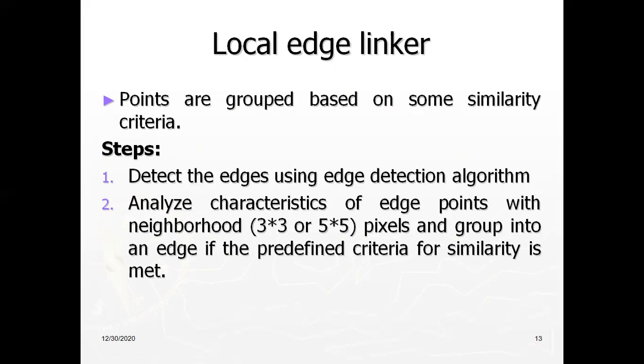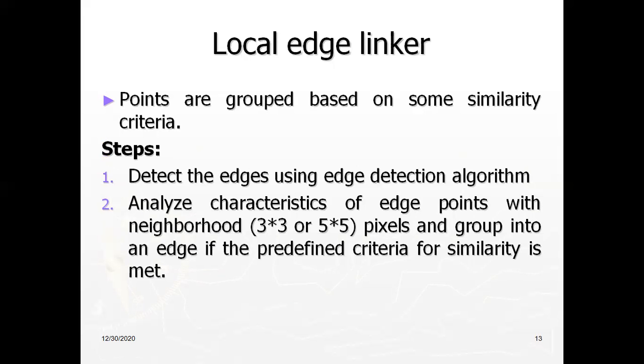Here, what we do is group the points based on some similarity criteria. It includes two steps. The first step is to detect the edges using some edge detection algorithm. The first step is very simple. You just detect the pixels, whether they belong to an edge or not, by using edge detection algorithms.